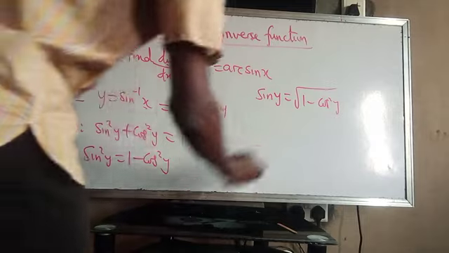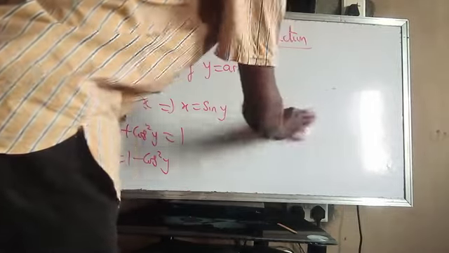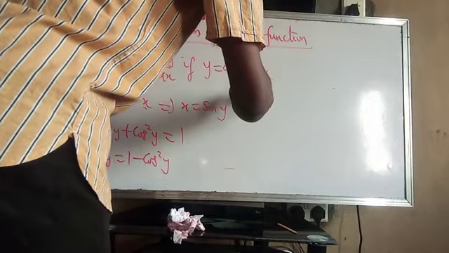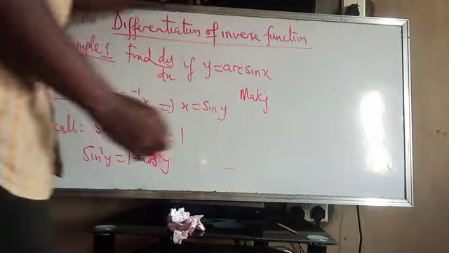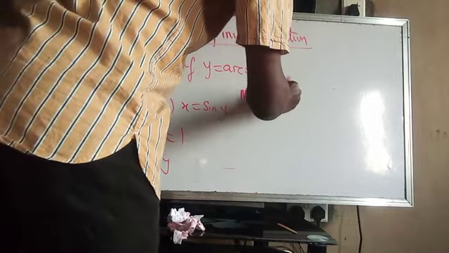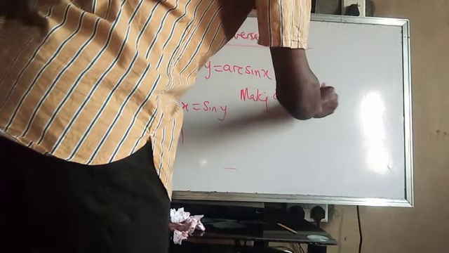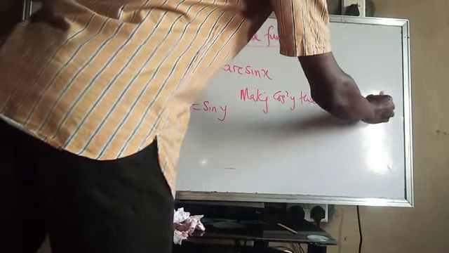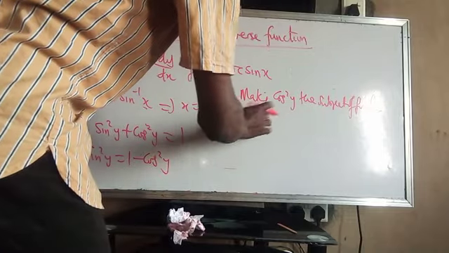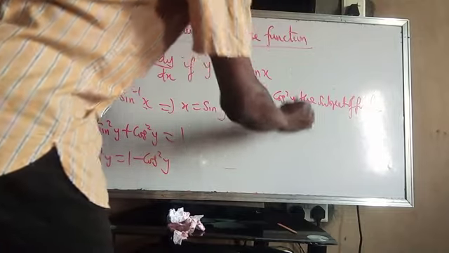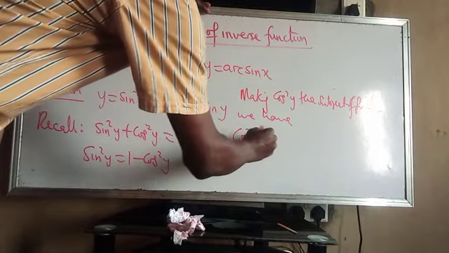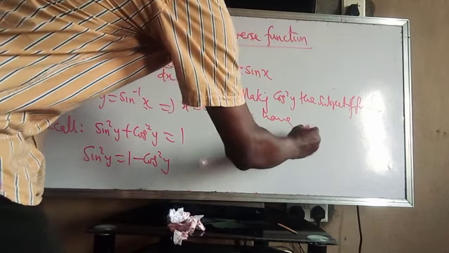So from here, making cos square y the subject of formula, we have cos square y is equal to 1 minus sine square y.